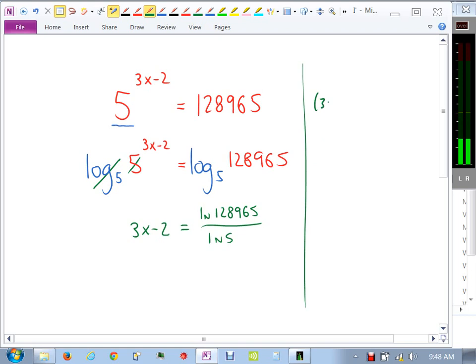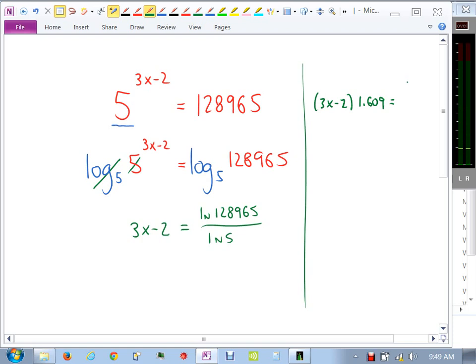So you had 3x minus 2, and then you had 1.609. And on the right side, did you take the natural log of all that other stuff? Ooh, that's the problem. That should be 11.77. Try it again. Natural log of 128,965. Did you use natural log or log?